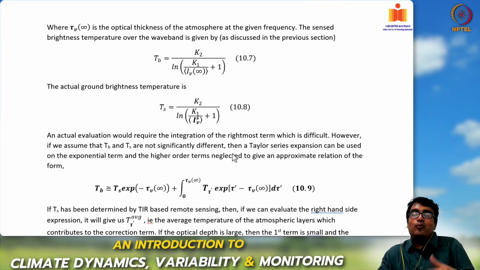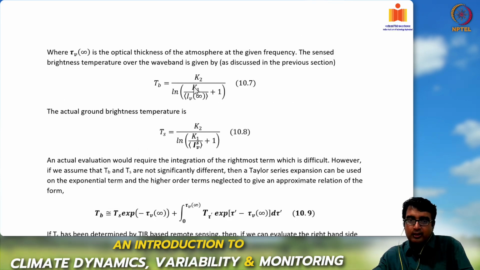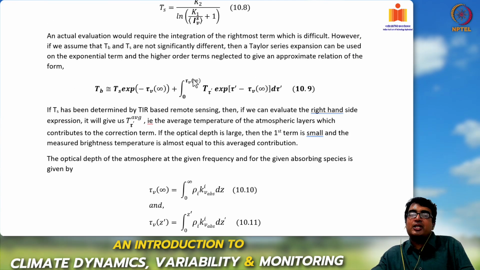Okay, then we can do a Taylor series expansion with respect to the temperature value for this, because this is a function of the measured brightness temperature. This is the function of ground temperature plus a correction. Okay, if these two are close enough, then a Taylor series expansion and removal of higher order temperature dependent terms can be done to get this radiation intensity expression in terms of temperature alone.